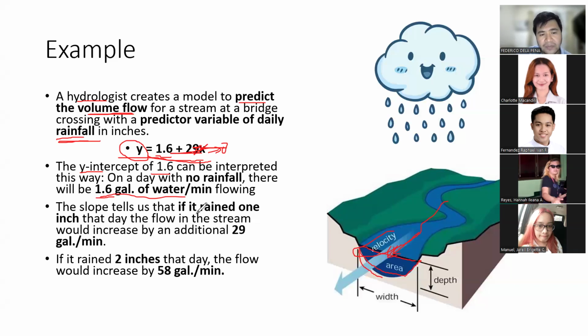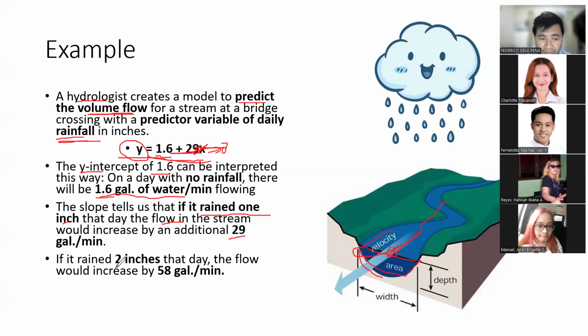On the other hand, if it rained like 1 inch on that day, you can expect the flow in the stream to increase by an additional 29 gallons per minute, right? So it would be something like 30.6 gallons per minute of water flow.